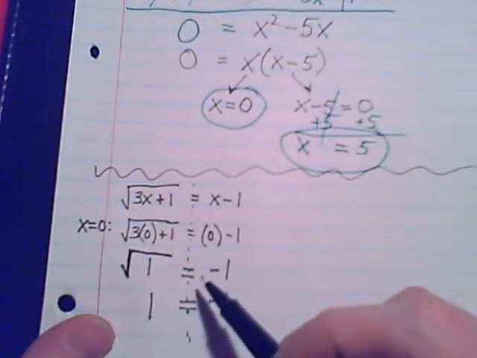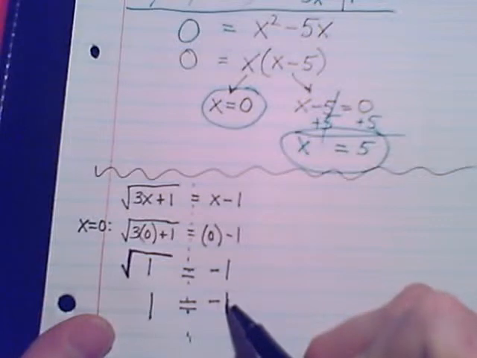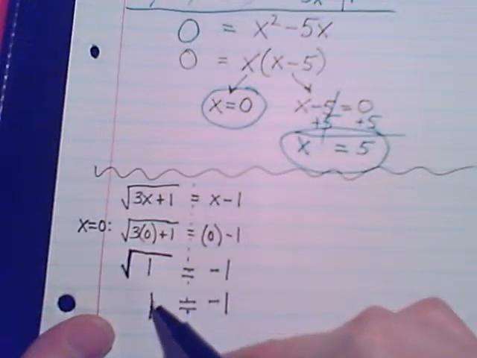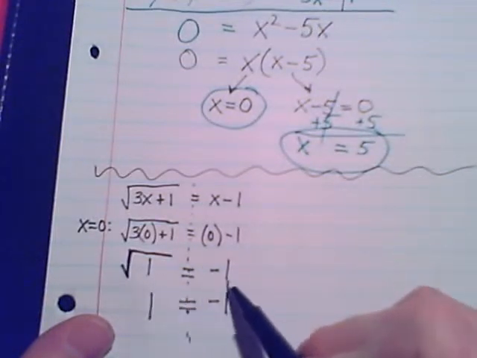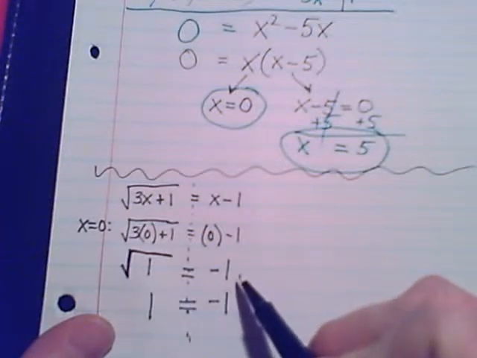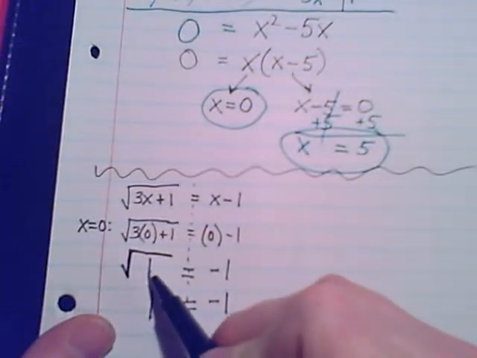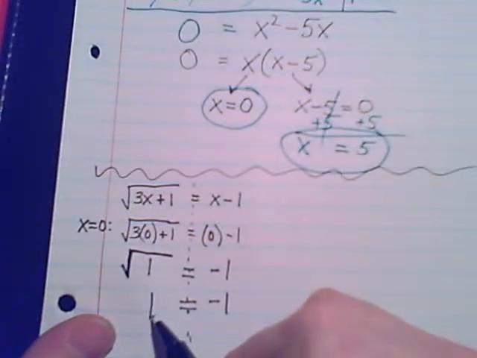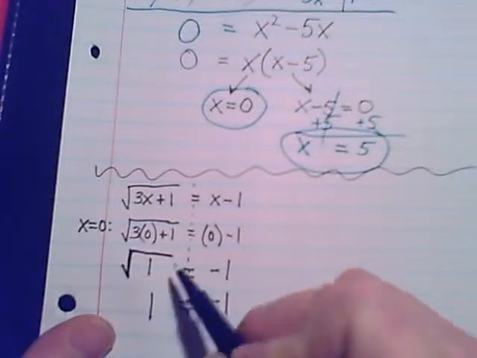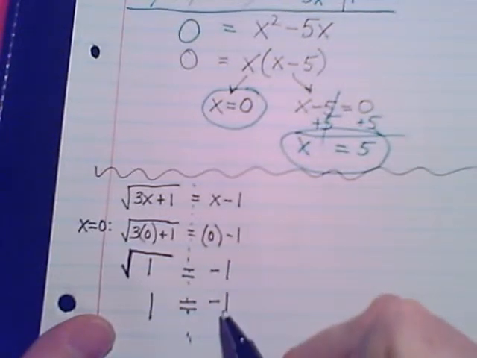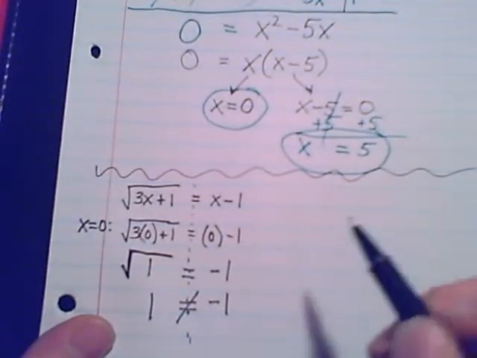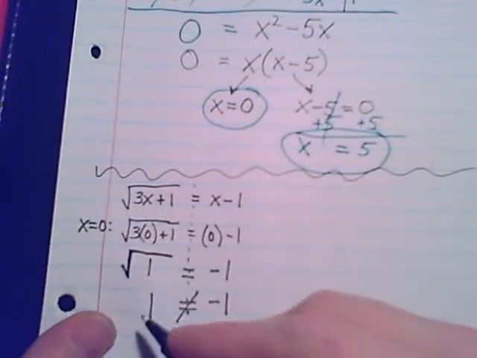So regardless of that other idea that you have, that negative 1 times negative 1 does equal positive 1, this line right here means that x equals 0 is an extraneous solution, because when we see square root of 1, we always go for the positive. So square root of 1, I would say, equals positive 1. And I see on the right side a negative 1. So they don't match. X equals 0 is extraneous.